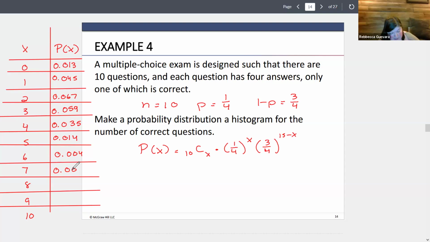I got a different answer from last time, so let me just check something here. Oh, okay.